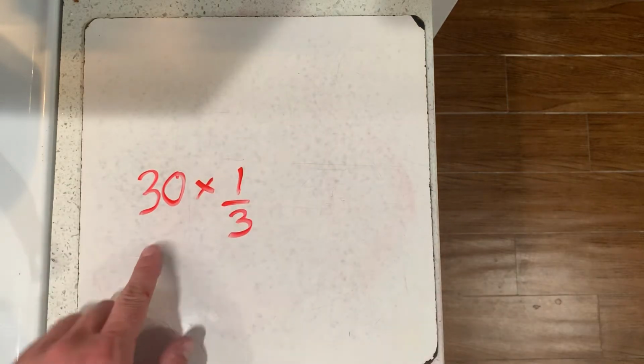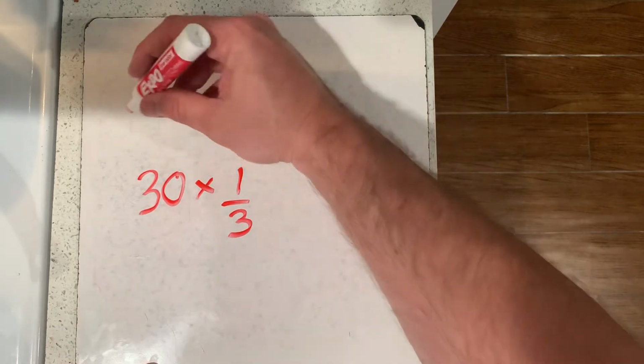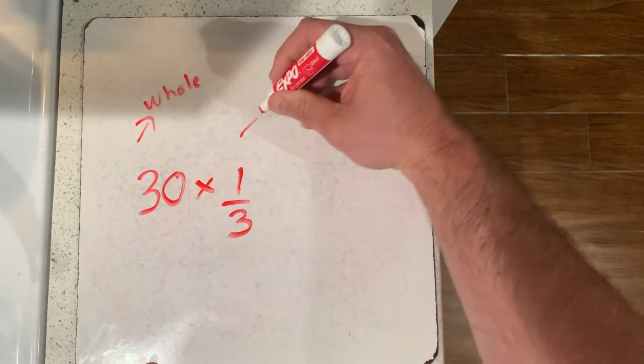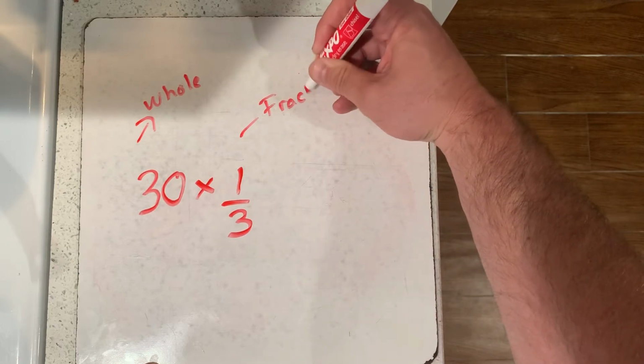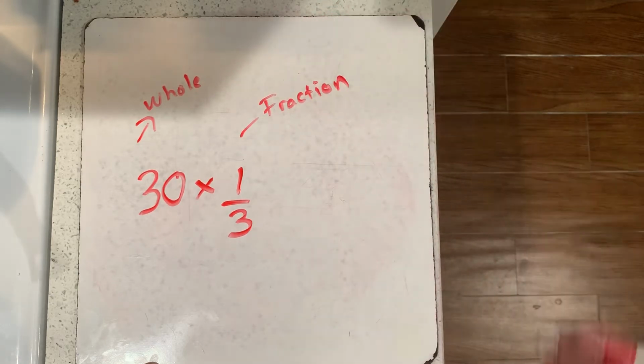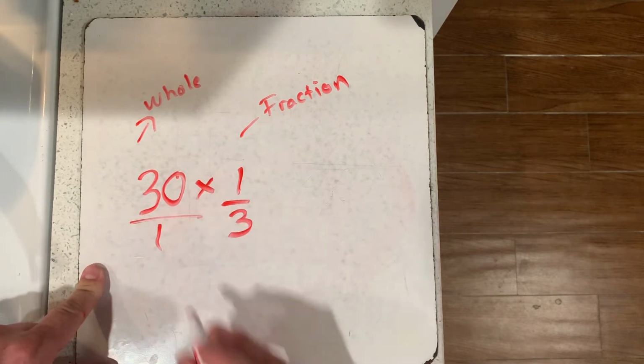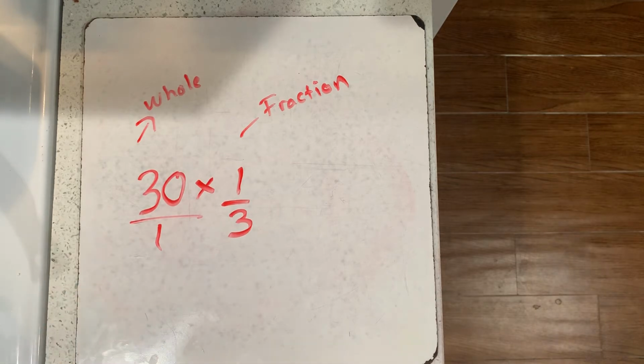That's the whole number, that's the fraction. Denominator is always the bottom number, so step 1, put the whole number over 1.